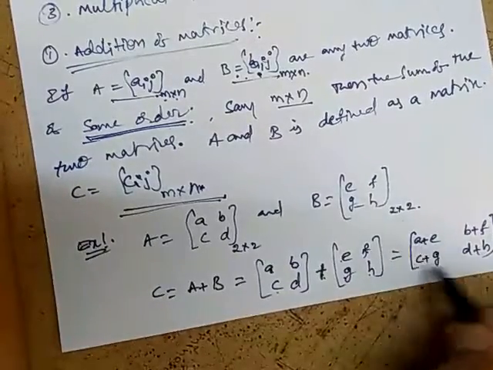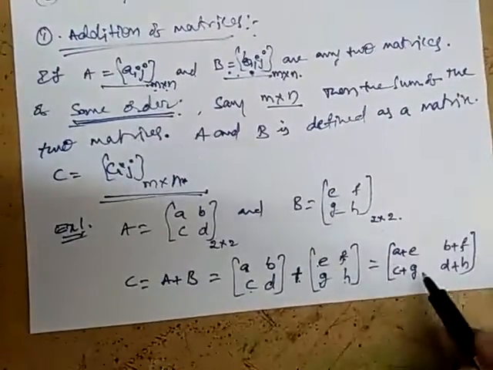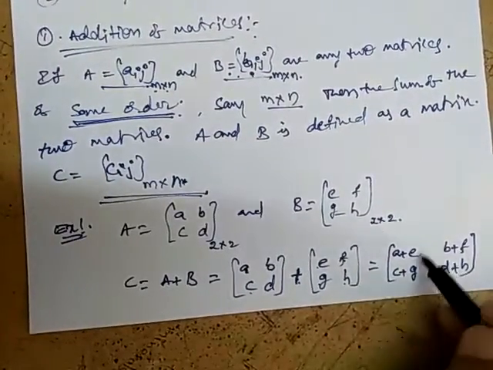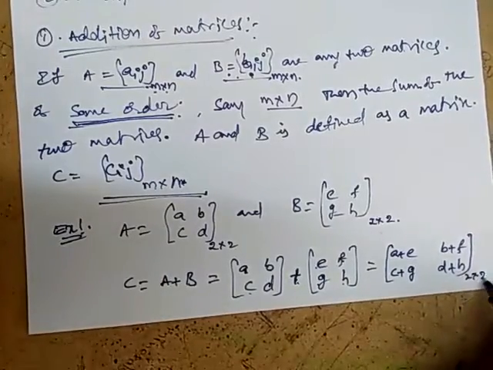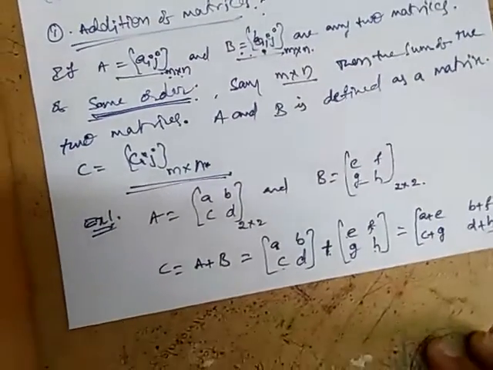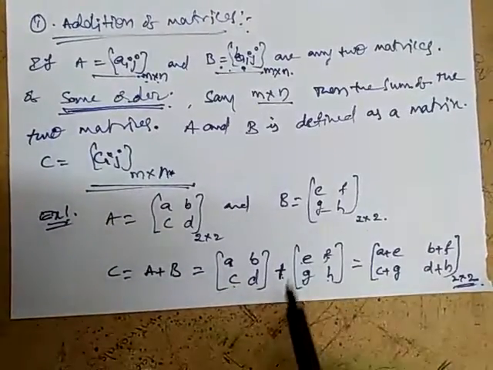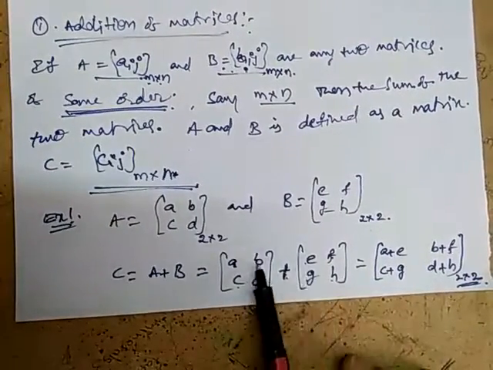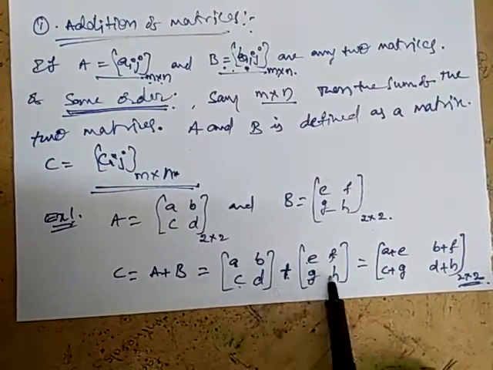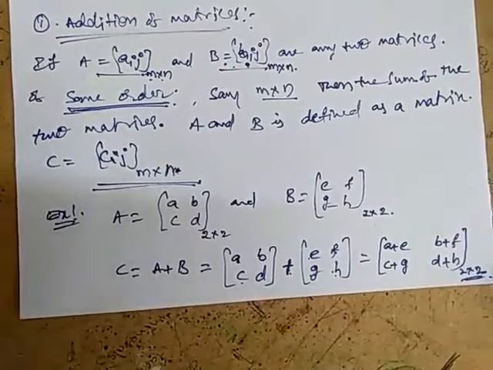This is the resultant matrix C. This is also a 2 by 2 matrix. This is the matrix addition. Matrix addition means only corresponding elements should be added.